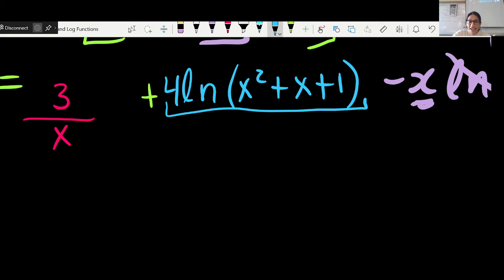Do you see that if I just took all of this stuff inside and called it m, what would the derivative be? 4 over m, but it's not m, it's all this stuff, right? So it's actually 4 over all this stuff, x squared plus x plus 1.